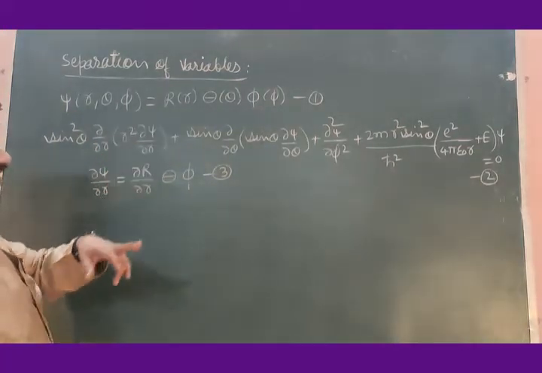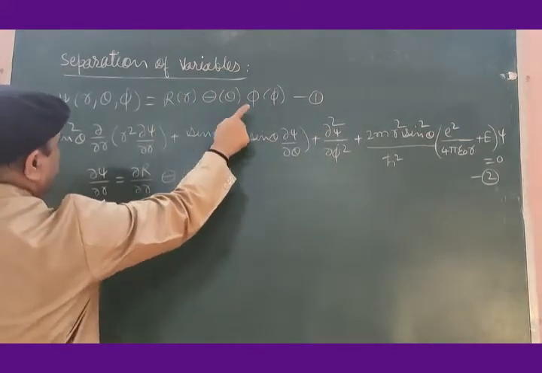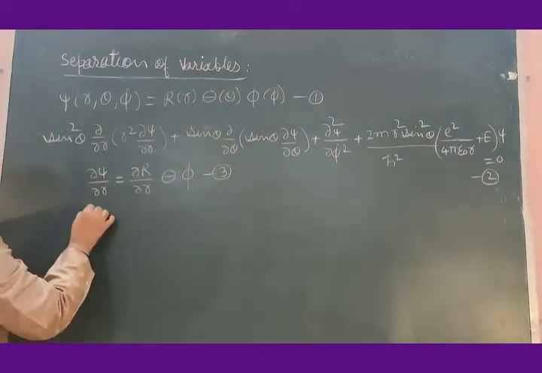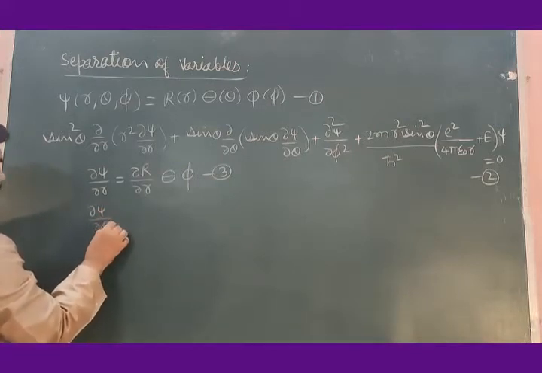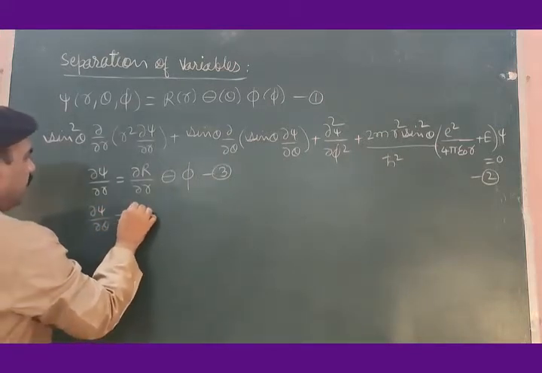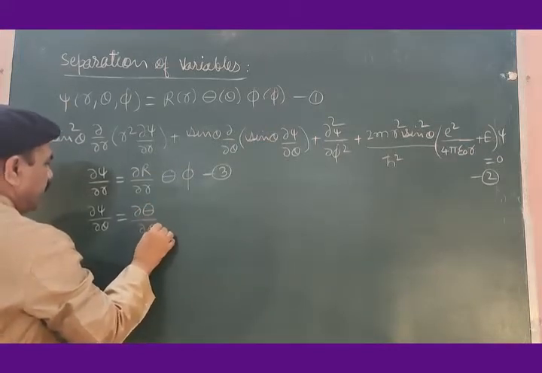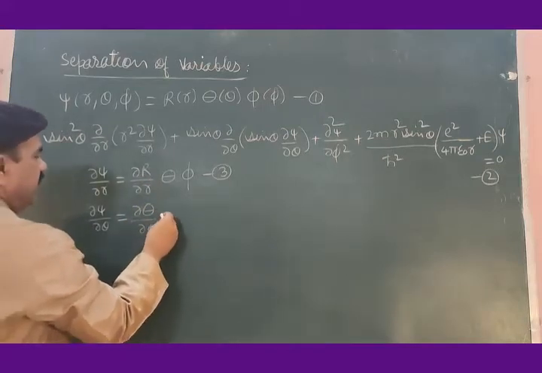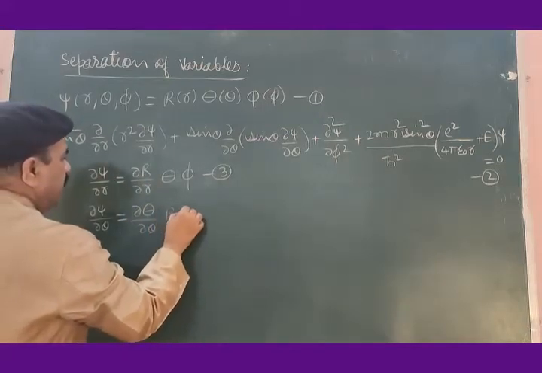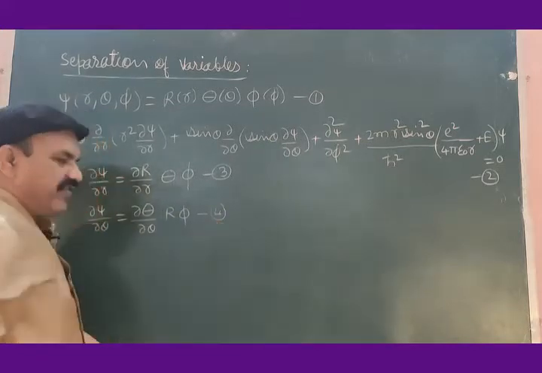Then differentiate equation 1 with respect to theta, keeping R of r and Φ of phi constant, to get ∂ψ/∂θ equals R times ∂Θ/∂θ times Φ. Here R and phi are constant. This is equation number 4.